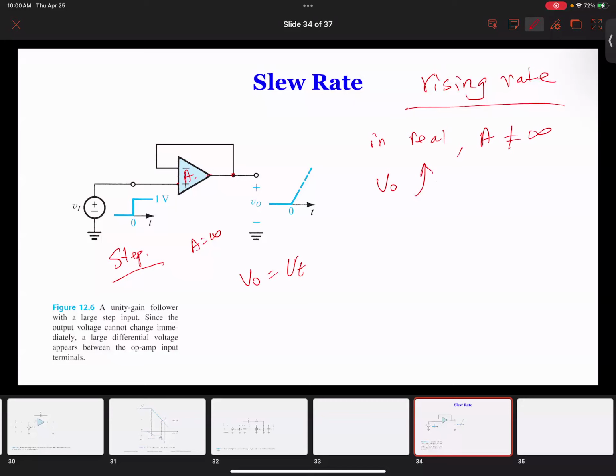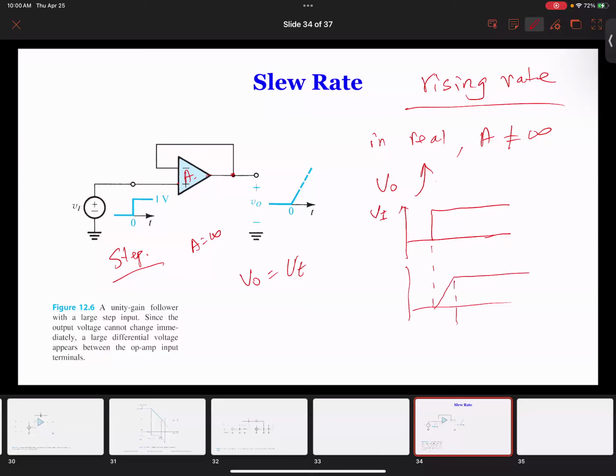So if you have an input of a step function over here, that is your input, your output will rise and eventually follow this.